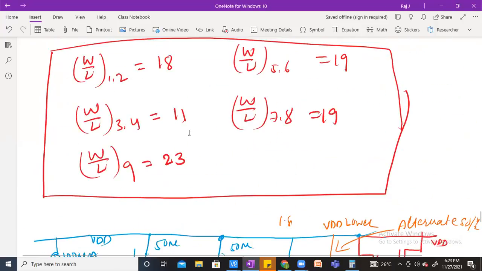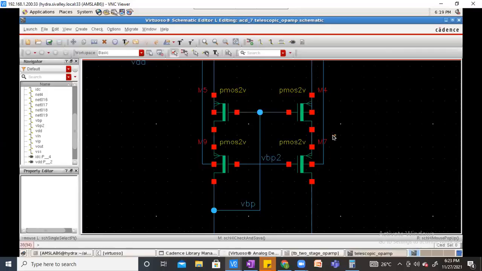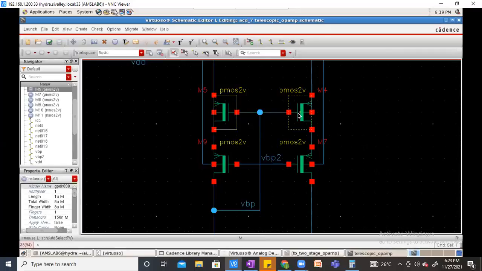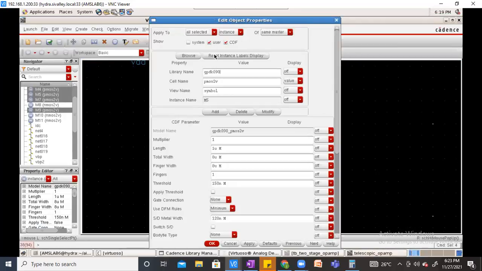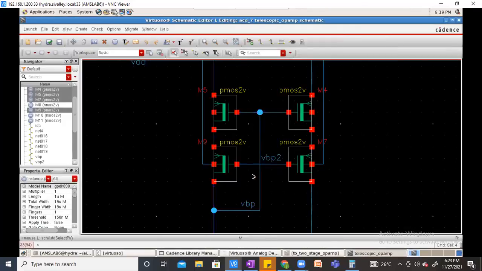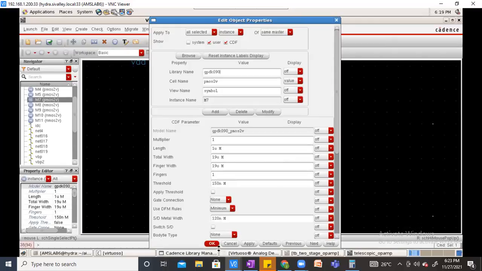So 1, 2 will be 18, 3, 4 is 11, 23, and 19, 19. Now the W of all these MOSFETs got changed to 90.